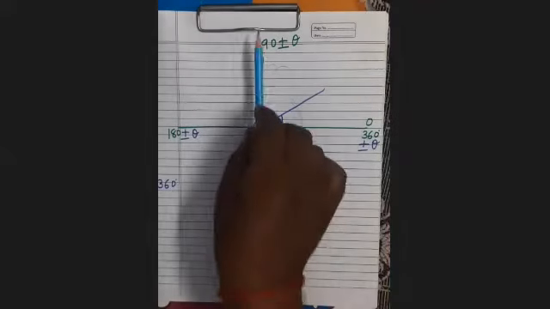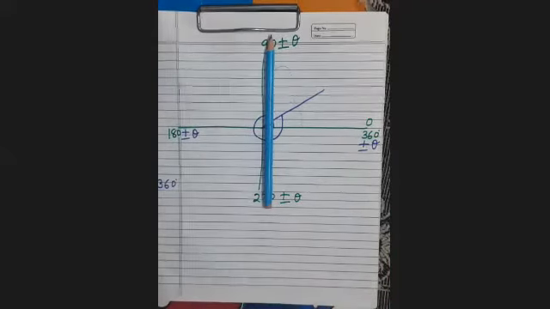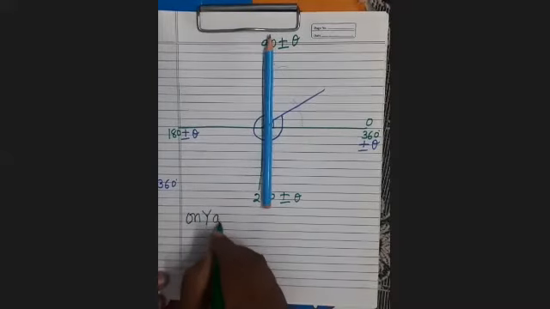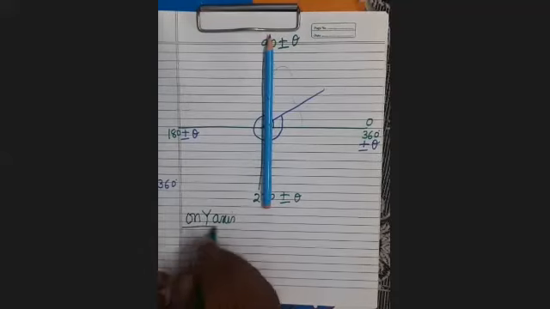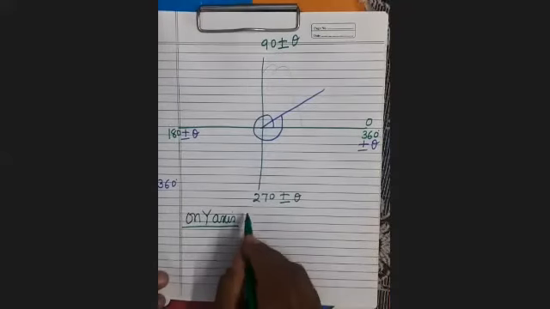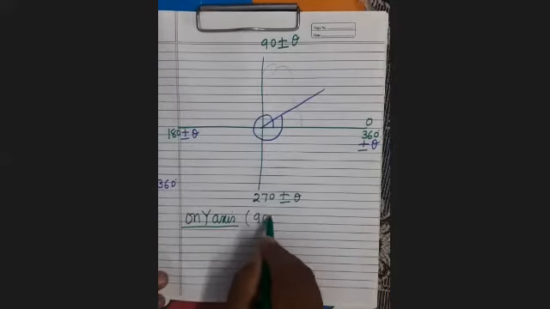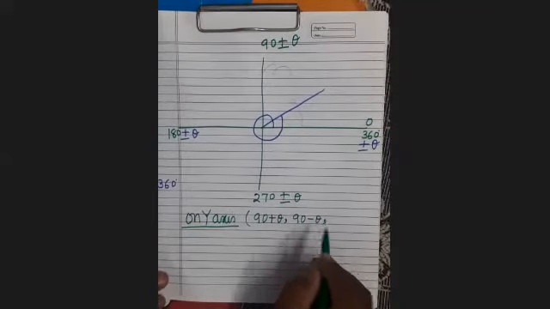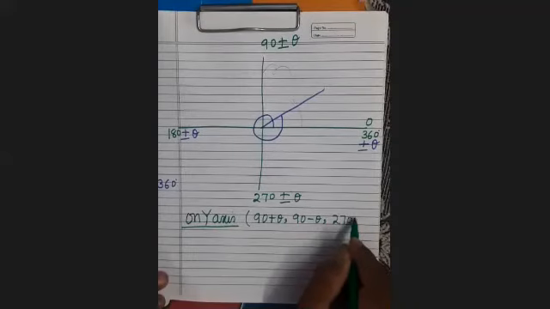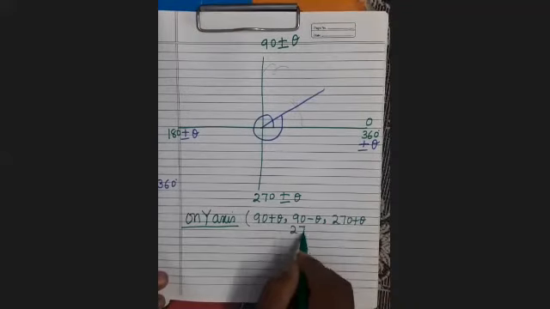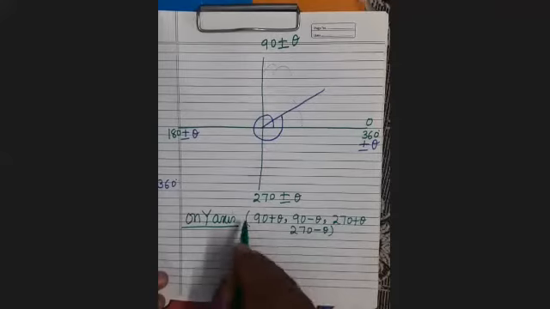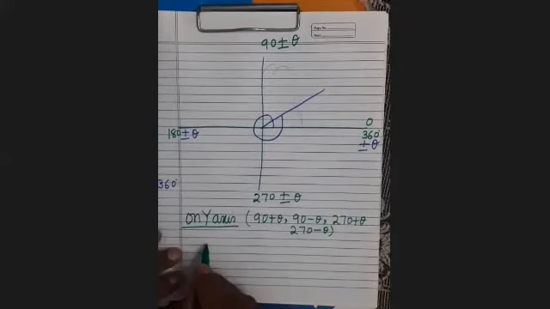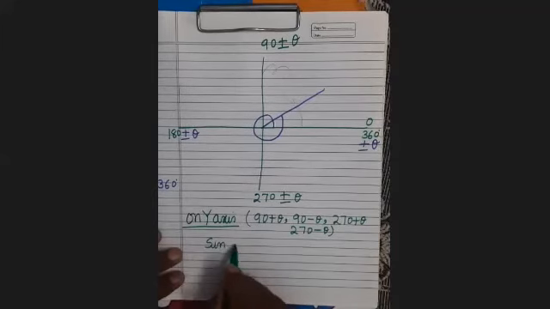अगर हम y axis देखेंगे, on y axis you will remember one thing. On y axis there will be what type of angle? 90 plus theta or 90 minus theta, 270 plus theta, 270 minus theta. If the angles are like this, then sine changes into cos.